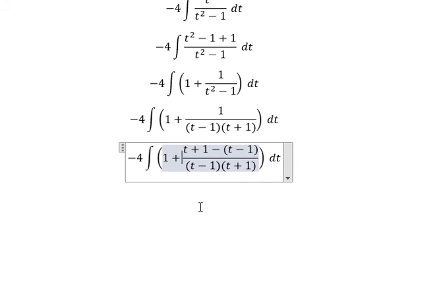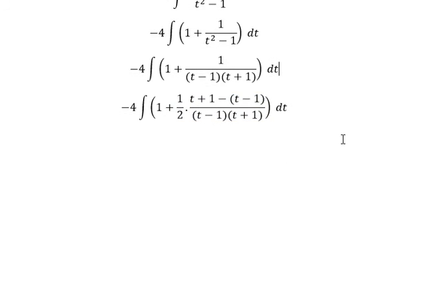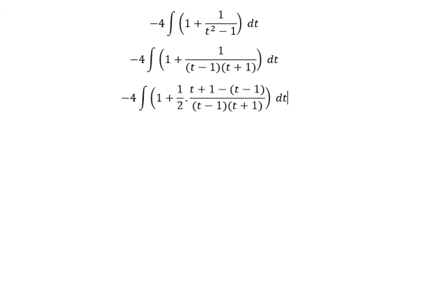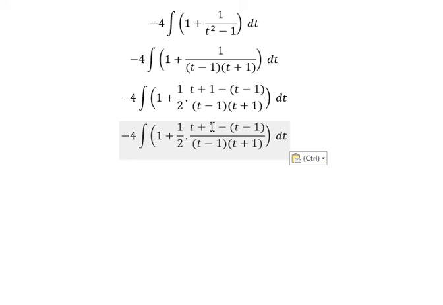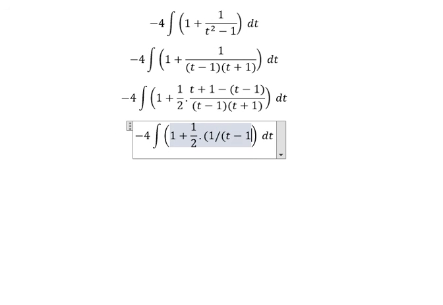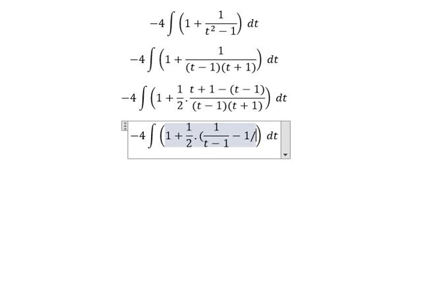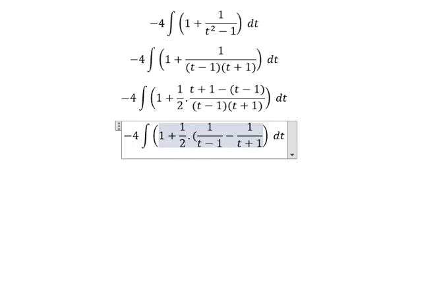So in here, we will need to put 1 over 2. So t plus 1 divided by t plus 1, you will get 1 over t minus 1. t minus 1 divided by t minus 1, you will get negative 1 over t plus 1.